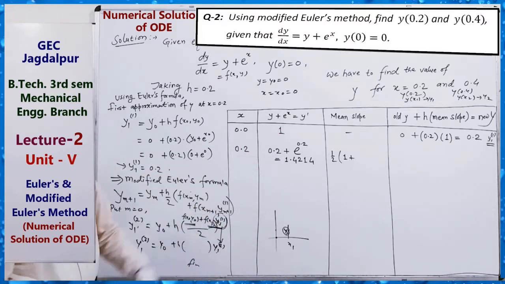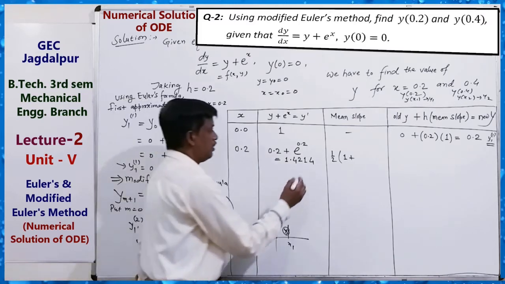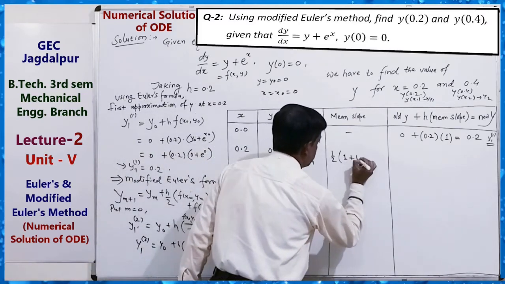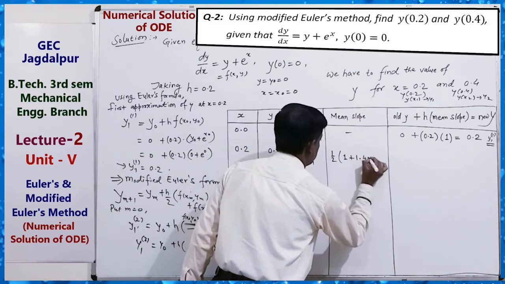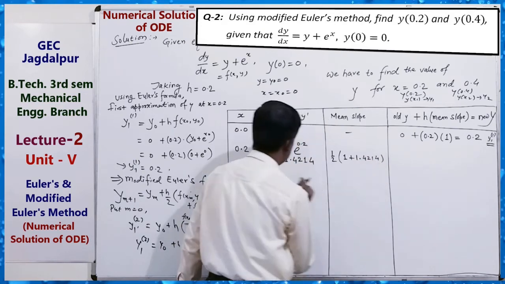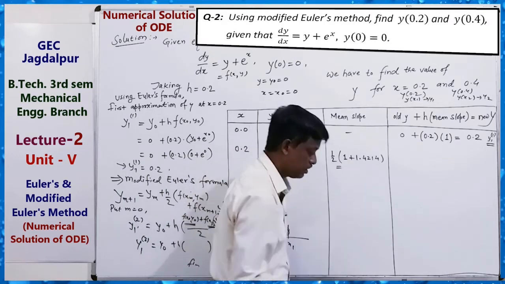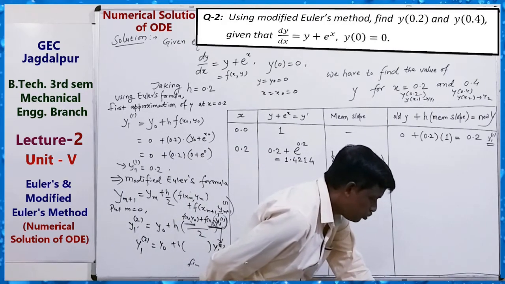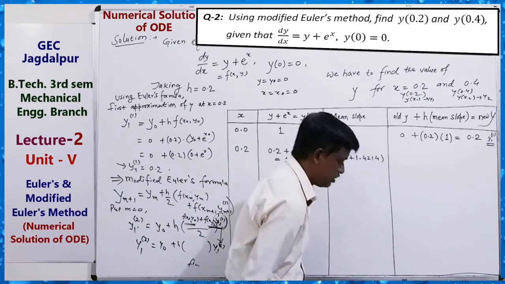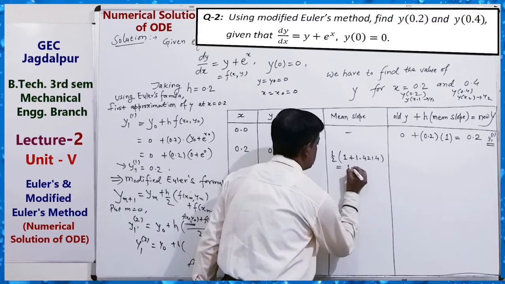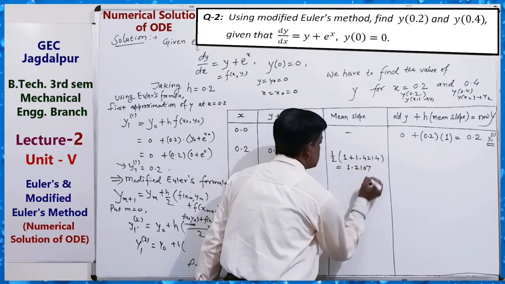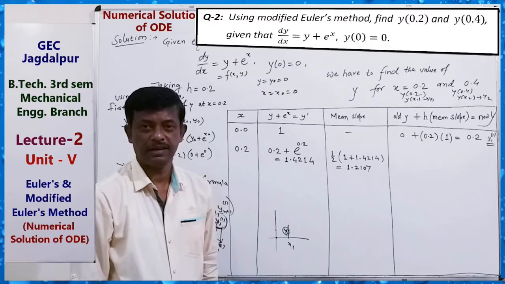So in the table we write 1 plus 1.4214, this plus this by 2, which can be solved also: 1.4214 plus 1 by 2 equals 1.2107. Clear?